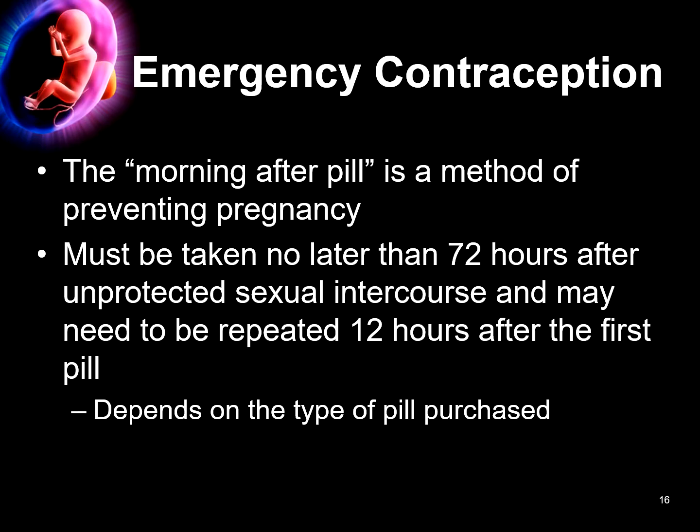Emergency contraception involves taking 1 or 2 tablets that contain a high dose of progestin, and it reduces the risk of pregnancy by approximately 85%.